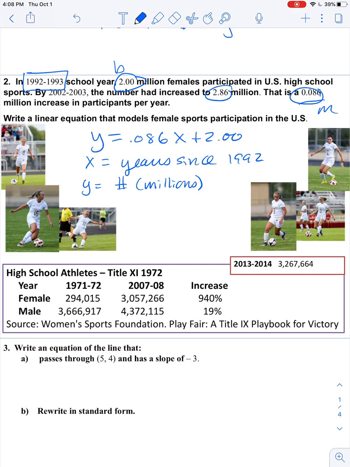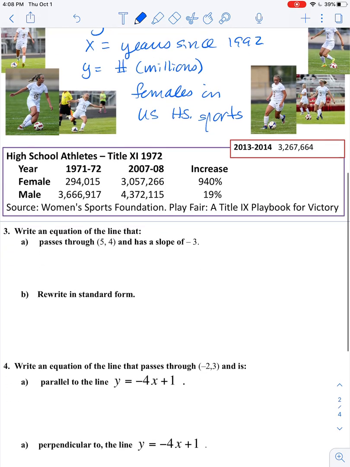And so you would want to write, in millions, because that makes a big difference. Winning $2 versus winning $2 million matters. So that's going to be the number in millions of females in U.S. high school sports.